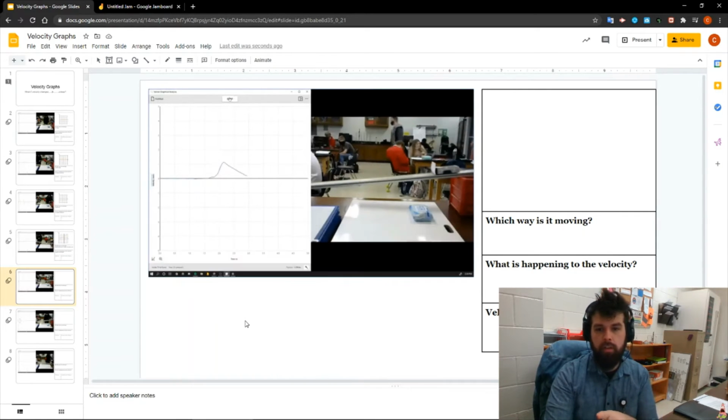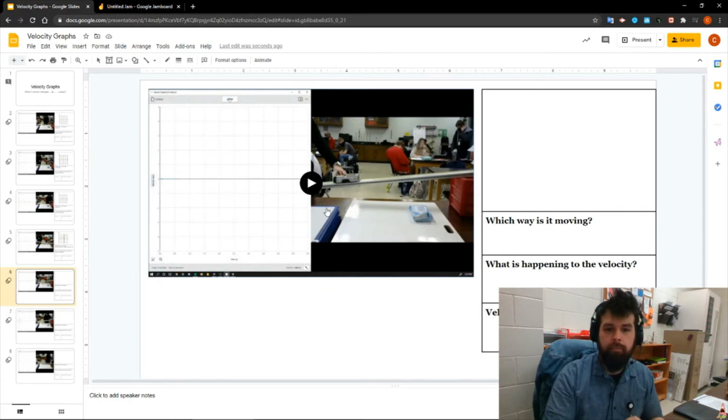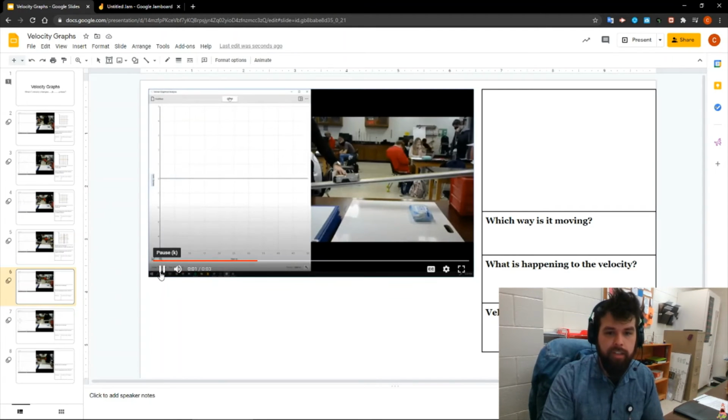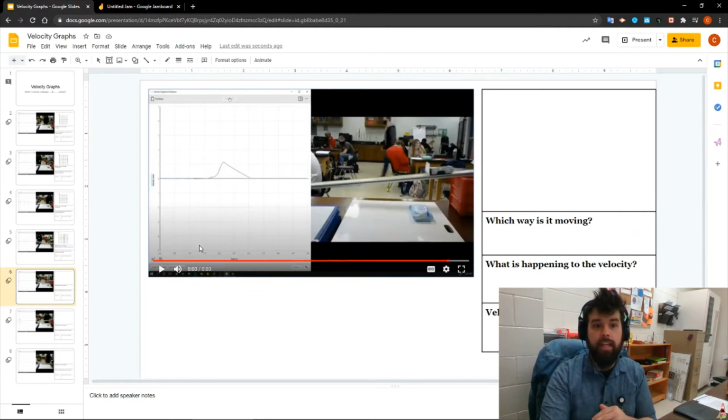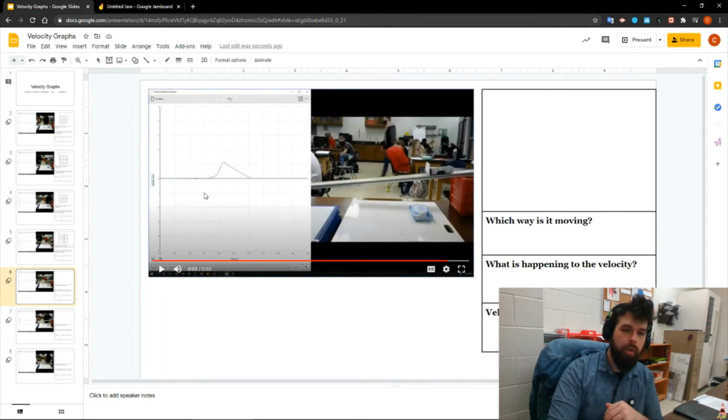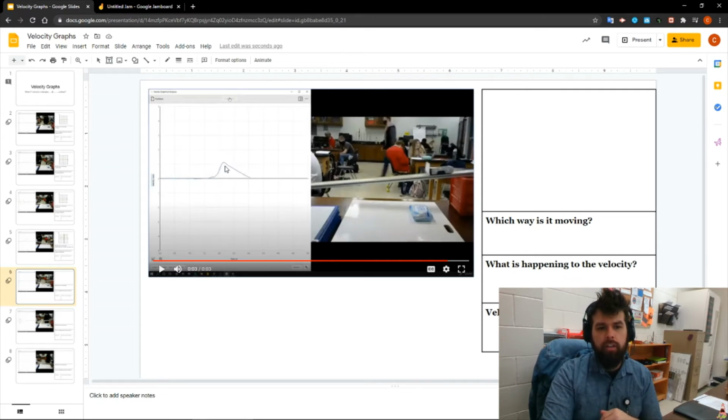So we go up and then down. Let me pause it so you can see the actual graph. Okay, so this is kind of interesting. Notice how we have this very steep upward velocity, and then it levels out, and then it slowly comes back down to 0. Let's talk about what that means as we graph it out.